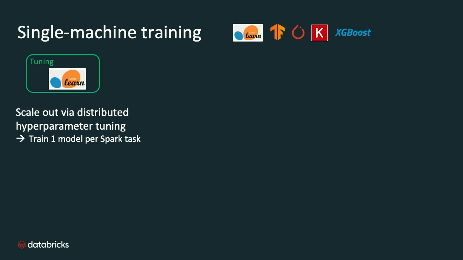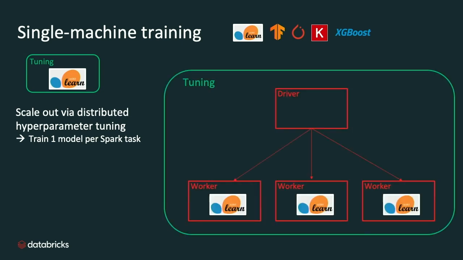But if I want to scale it out via distributed computing, it's also pretty simple, where I can train one model per Spark task, like in this diagram, where the driver isn't doing much, but each of the workers is running Spark tasks where each one is fitting one model and one possible set of hyperparameters. And I wrap the entire thing in a tuning workflow.